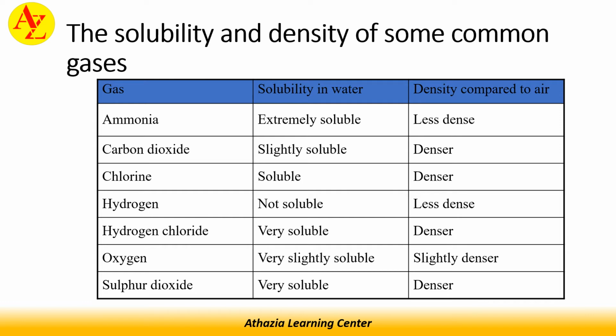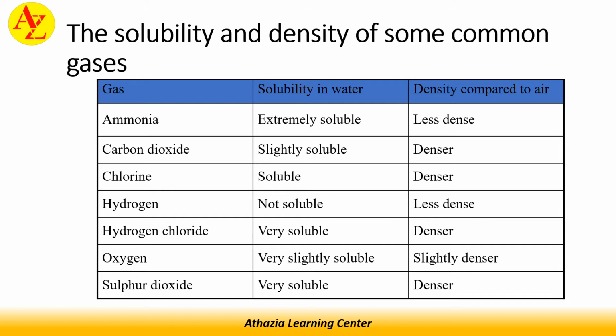Hydrogen, not soluble, less dense than air. Hydrogen chloride, very soluble, denser than air. Oxygen, very slightly soluble in water and slightly denser than air. And lastly, sulfur dioxide, very soluble but denser compared to air.